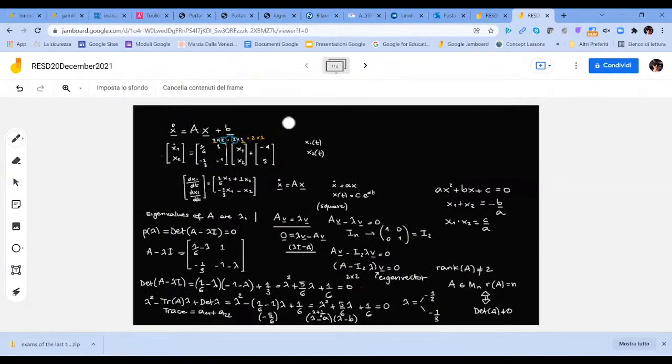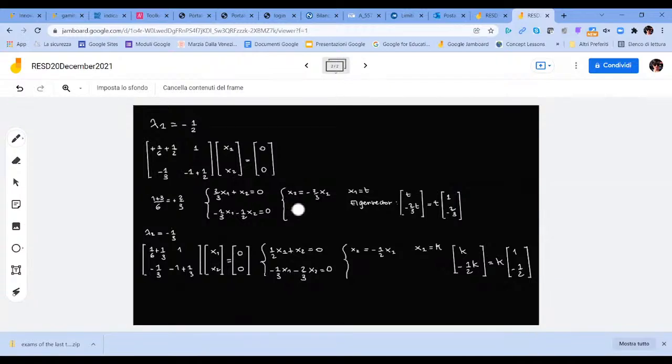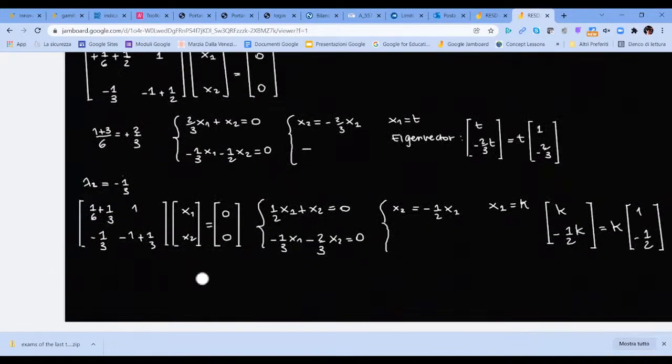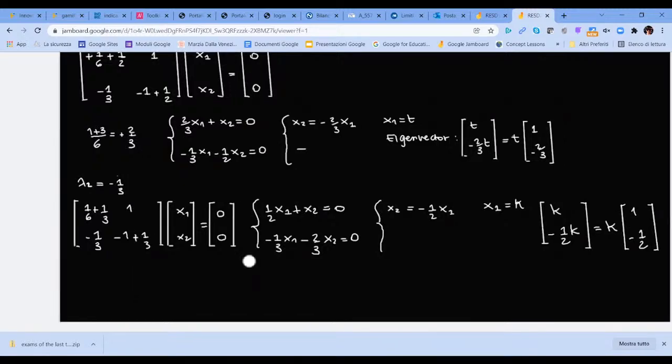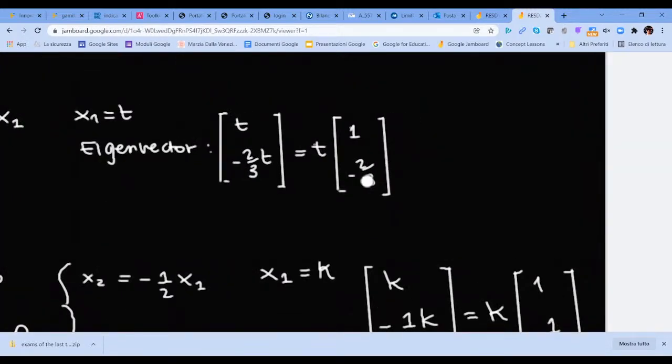The general solution is of this type with the exponential function, and since we do something like an integration, we do have constants that we don't know, but no problem. We have the two eigenvectors. Of course, we can multiply this one for everything we want.